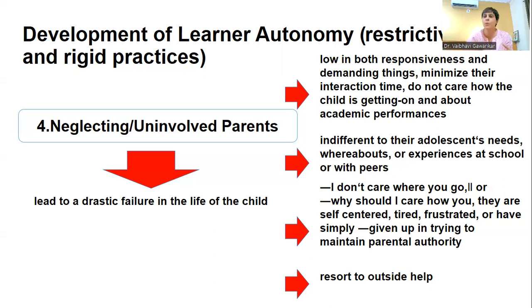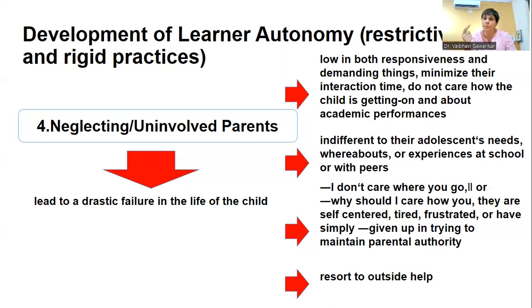It's not that once or twice the parent does it and we can call that parent an uninvolved parent. It's a general practice that such parents adopt over many of the tasks with their child. That's when we can call them neglecting or uninvolved parents.